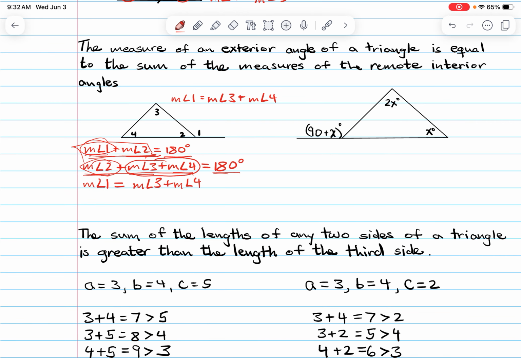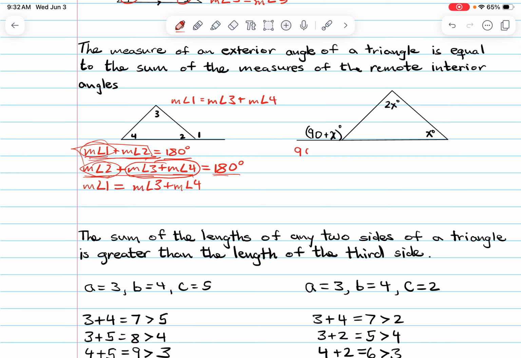So if you look at this example here, we've got this exterior angle. I will leave off the degree symbol. I'm just solving for x. We know that equals 2x plus x. Now, that means I've got 90 plus x equals 3x.